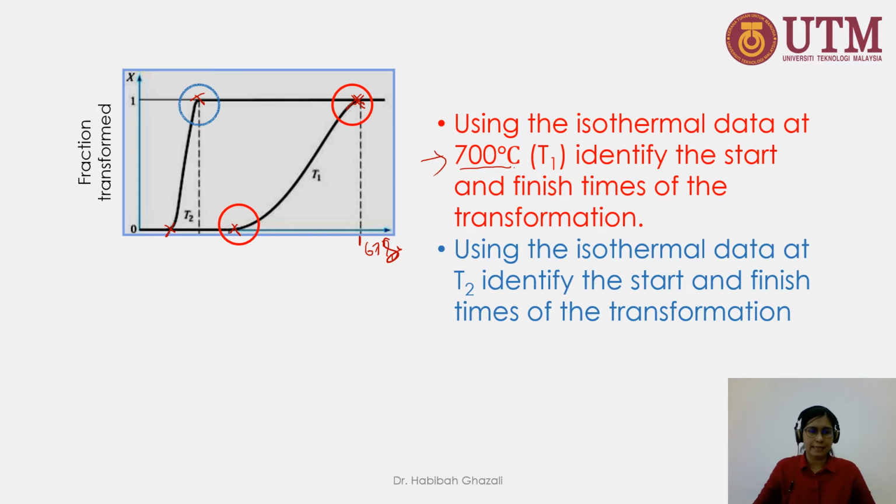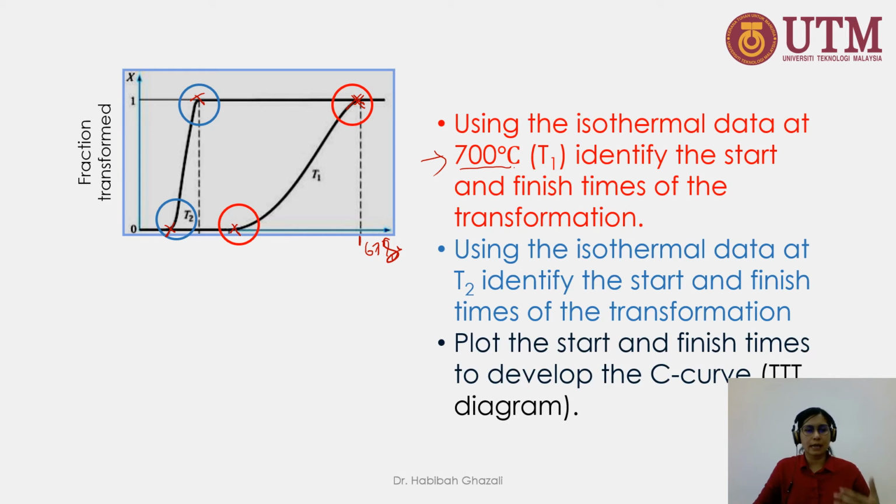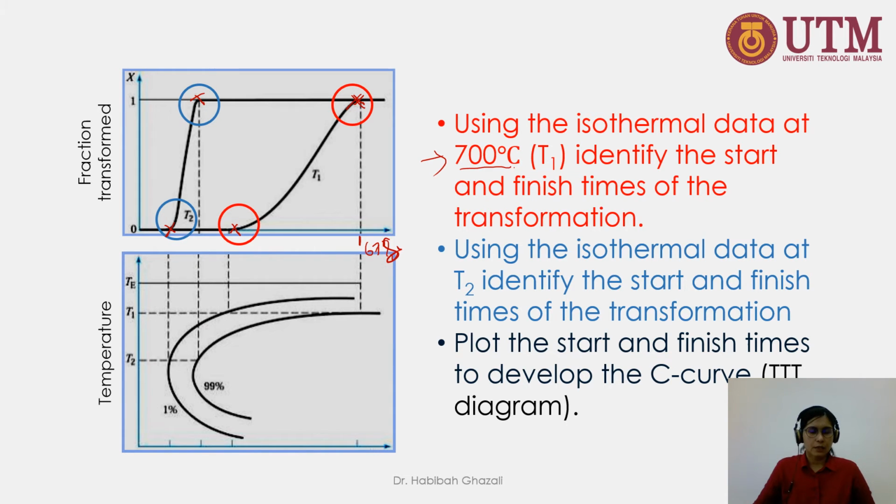So using all this data, they will plot the start and the finish time to develop what we call a C-curve diagram, or TTT diagram. So this is how the TTT diagram looks like. For T1, the transformation begins at this time and ends at this time. This axis represents time, and this axis represents temperature. For a temperature lower than T1, for example T2, it will begin here and end here.